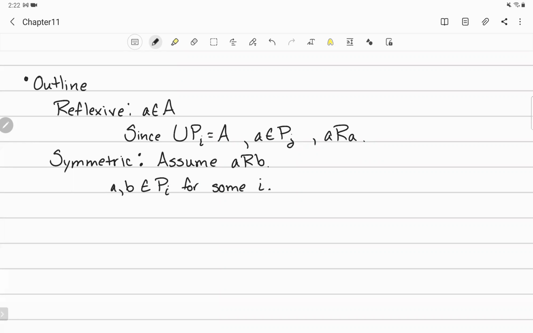So one of my sets has both A and B. But if they're both in there, they're both in there, right? Order doesn't matter to a set, okay? So B and A are in that P_i for some i, which means B is related to A. So symmetric.